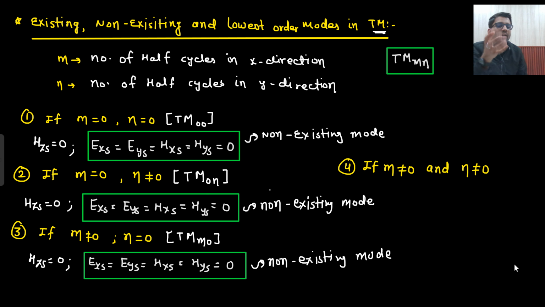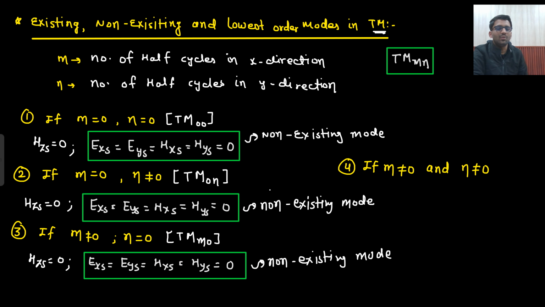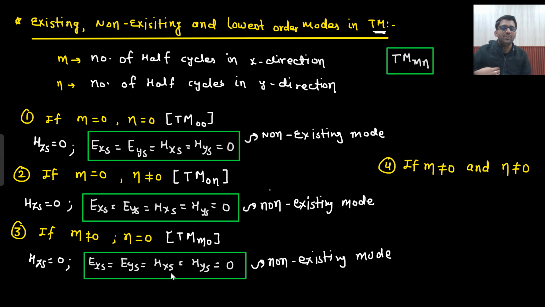But if M and N are non-zero values, then this will be some non-zero value, this is also some non-zero value, and then they will exist, right? If M and N both are non-zero, then this is your existing mode. So both simultaneously cannot be 0, and even one of them cannot be 0. So either of M or N cannot be 0.